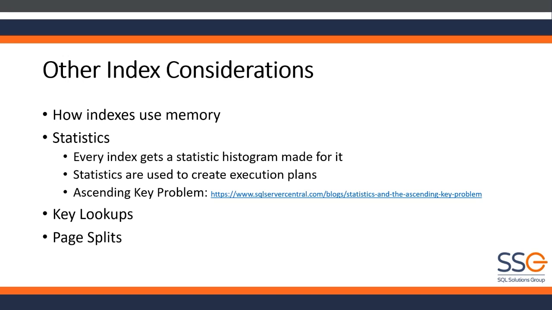And what this is, SQL Server samples the data that's in the table and creates a histogram, which is like a horizontal bar graph, which will help it understand how your data is laid out. If you've got much more data of a certain type in there, it'll know. Statistics is what SQL Server uses when it decides to create an execution plan and when it's trying to work out the best way of executing a query and returning the results to you.